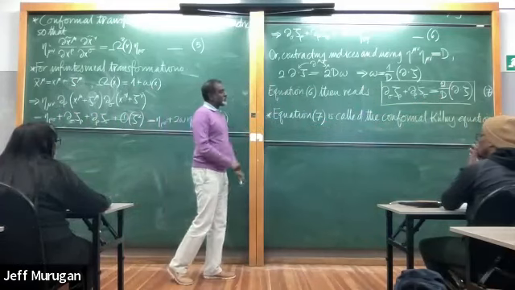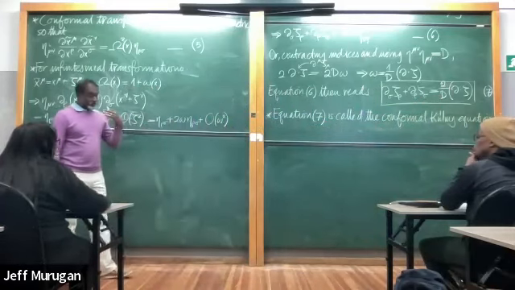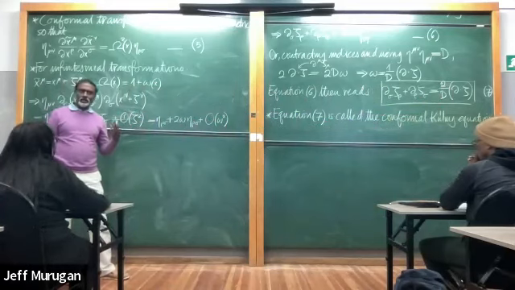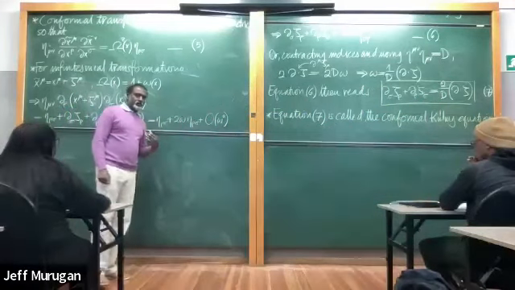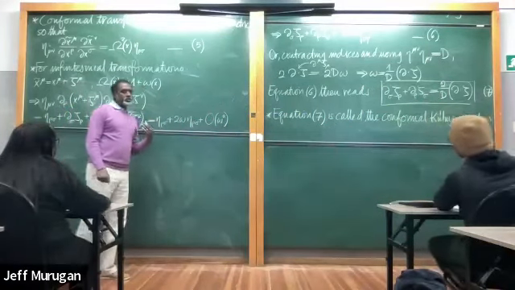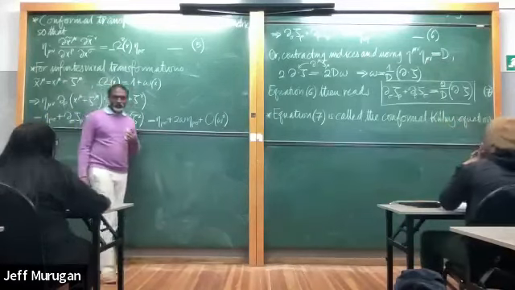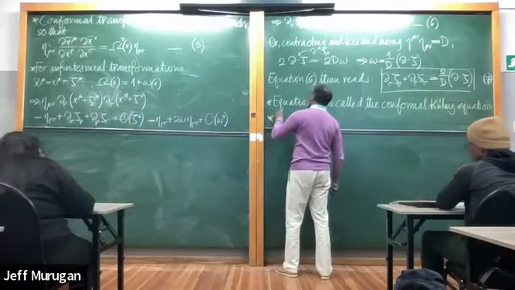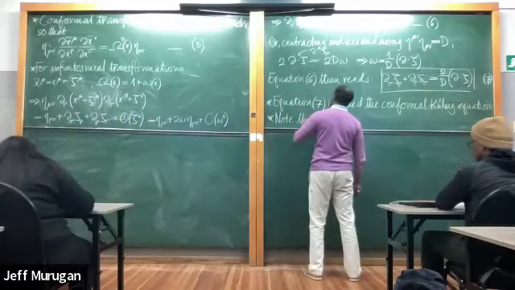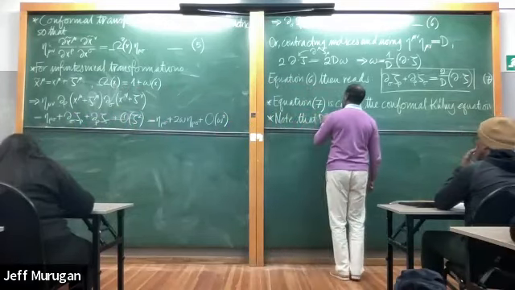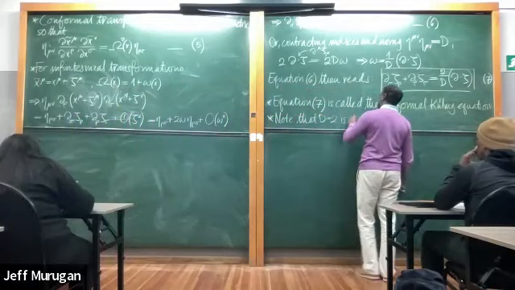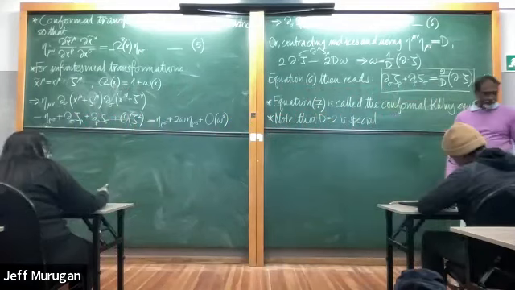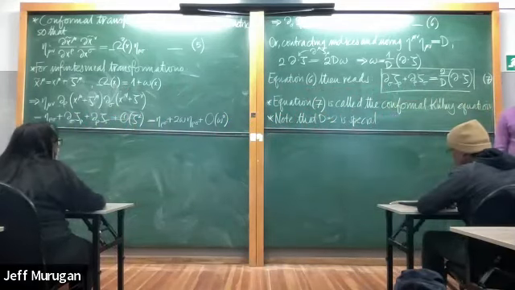Let's see if I can get some intuition for what's going on with this conformal Killing equation by studying conformal transformations in two space-time dimensions. Okay, so as a special case, note that D equals 2 is special. So, let's see why.